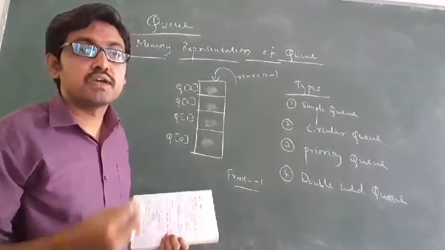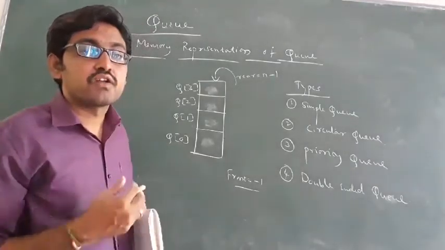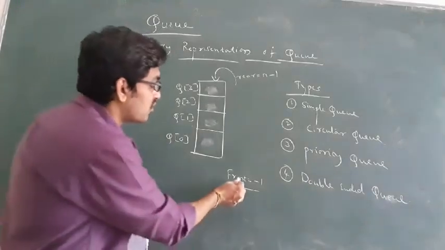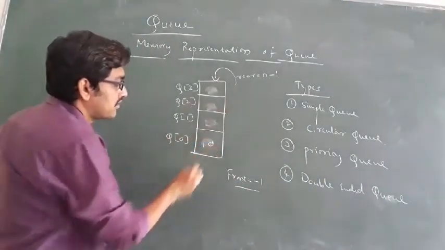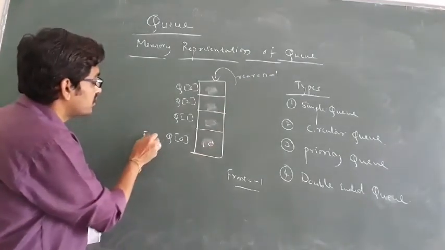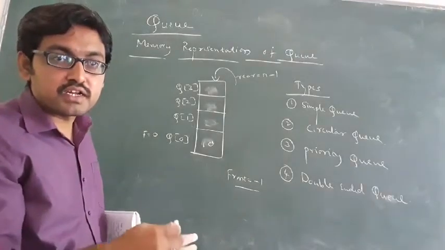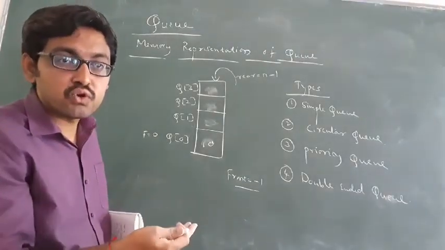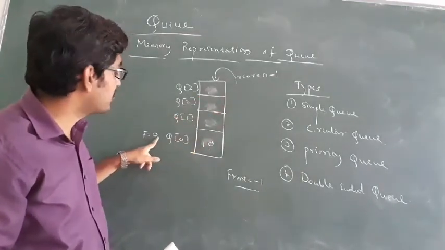Q is empty means that situation is called underflow. Then when you insert the element 10, the front becomes f equal to 0. From -1 the next value is 0. When you insert 10, the front comes to 0.